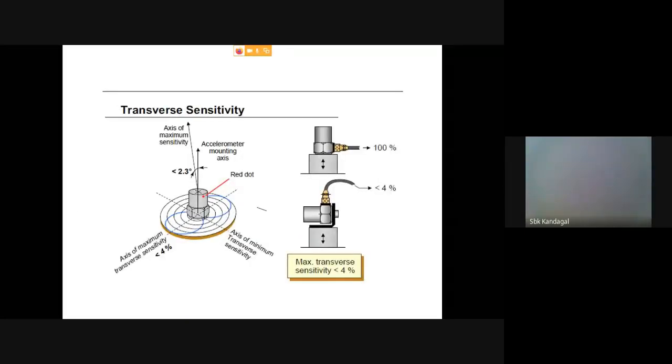Some accelerometers have a transverse sensitivity, since the piezo crystal is a continuous material, and the maximum transverse sensitivity should be less than 4%. You can ensure that, and if at all you get some signals across the transverse direction, you can compare with the 100% signal from the uniaxial direction in which you are supposed to do the experimentation.